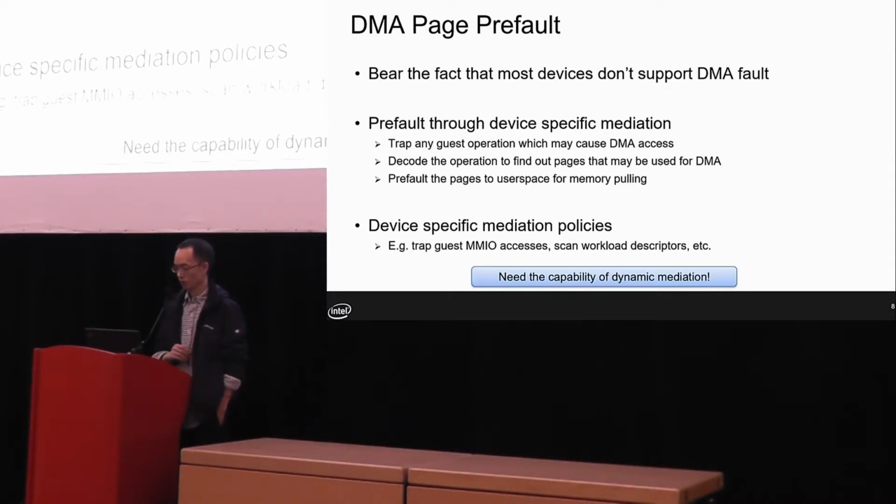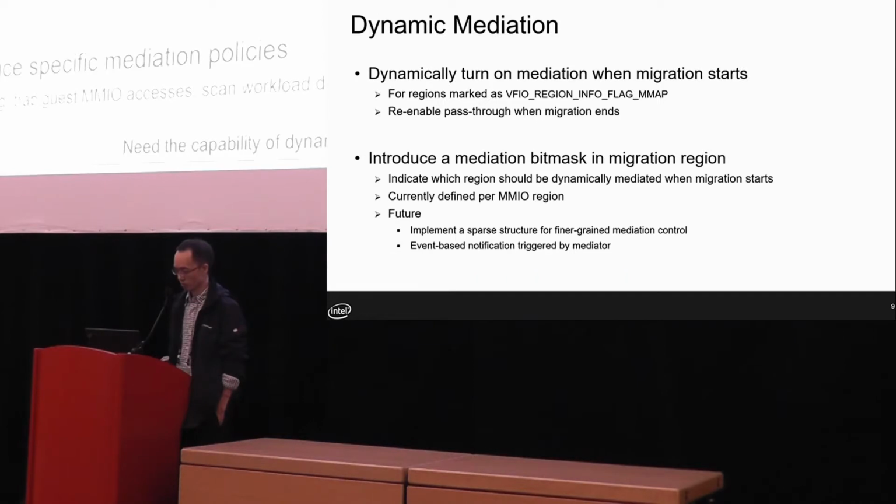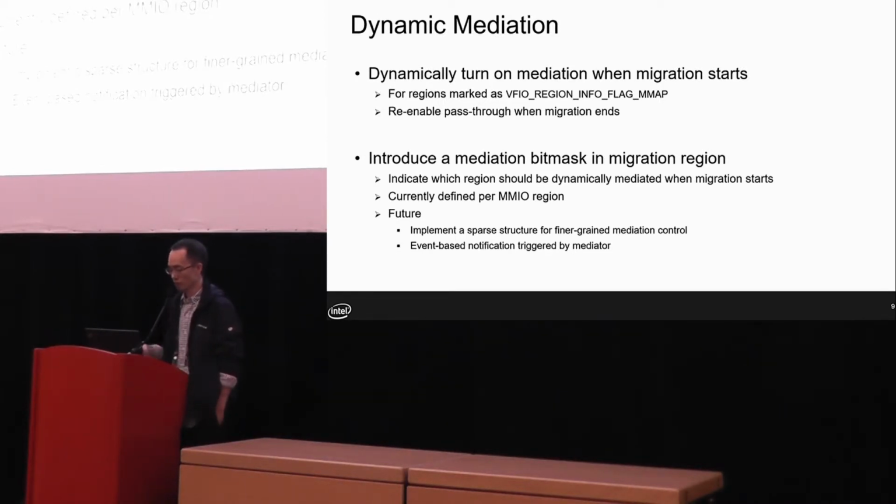One requirement for pre-fault is that we need the capability of dynamic mediation, because we don't want to trap those things all the time, as it may interfere with the data path. So we want to enable mediation only when migration starts. That also requires some change in the current VFIO mechanism. We need a mechanism to turn on the mediation only for migration, especially for the regions which are marked as mmap.